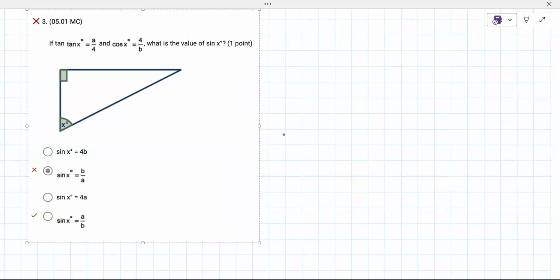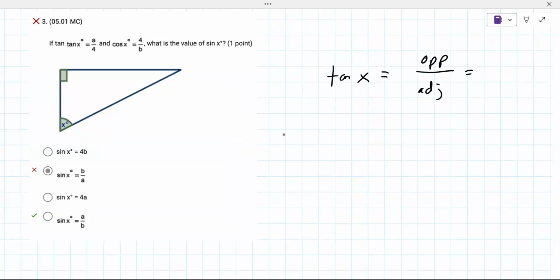What they're doing is telling you that tangent of x, which happens to be opposite over adjacent, is a over 4. They're telling you that the opposite is a and the adjacent is 4, relative to x. They're giving you the values rather than you finding out what the tangent of x is.